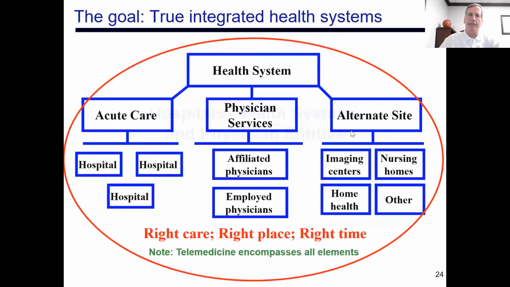Hospitals and health systems. This slide is old yet relevant. In the early 90s, there was a book written called Remaking Healthcare. A couple of the authors were some of my partners at that time at KPMG, Peat Marwick.